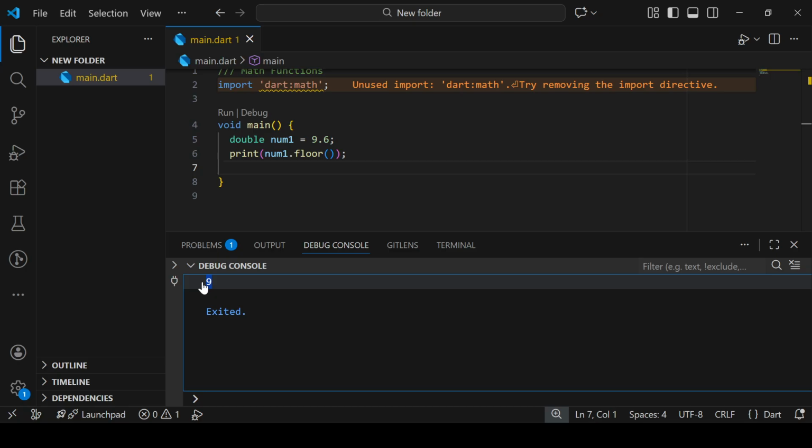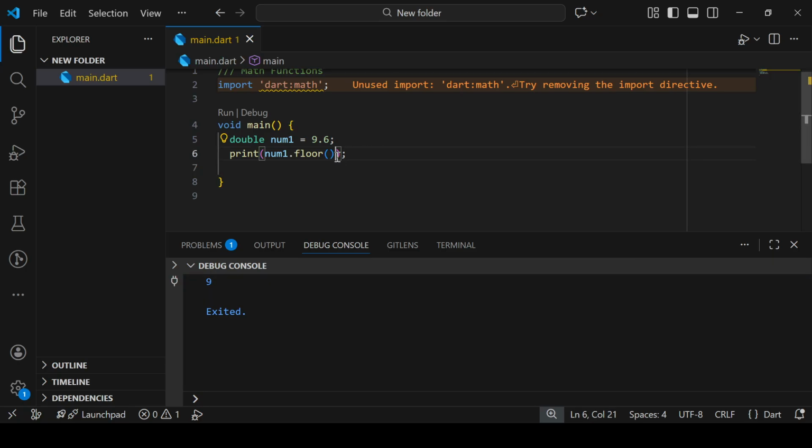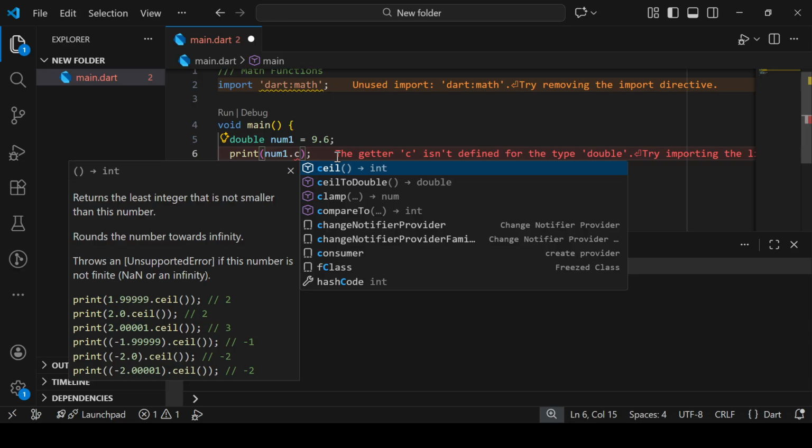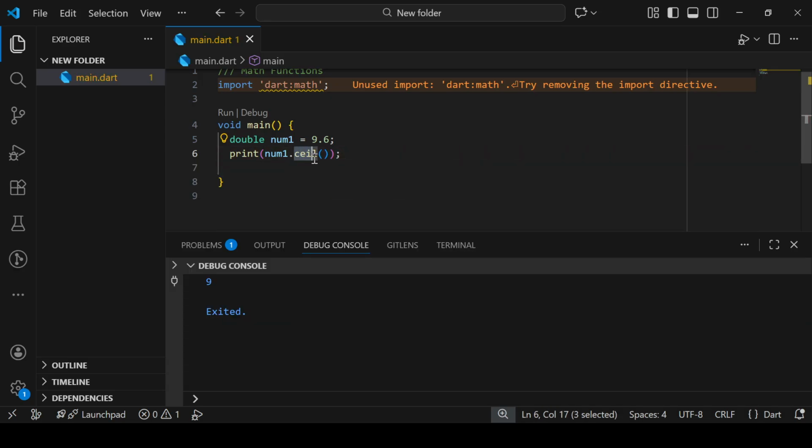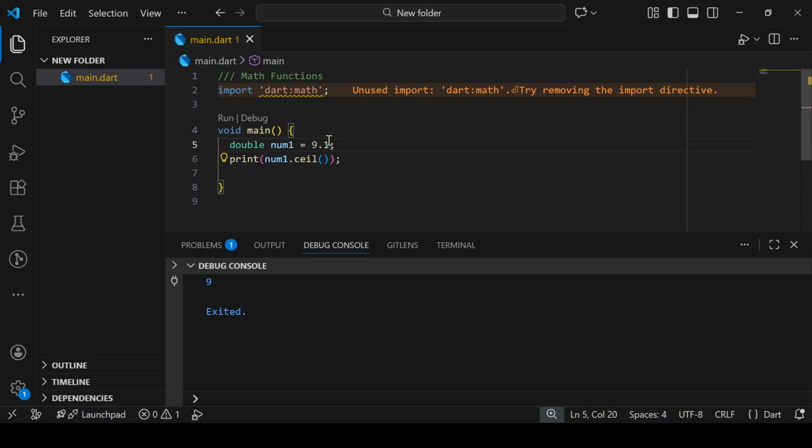Here you can see the 9 is printed. Okay, if I write here ceil, this ceil method rounds this value to the highest. If I write here 9.1, the output will be 10, because this ceil method always rounds up. Now you can see 10 is printed.